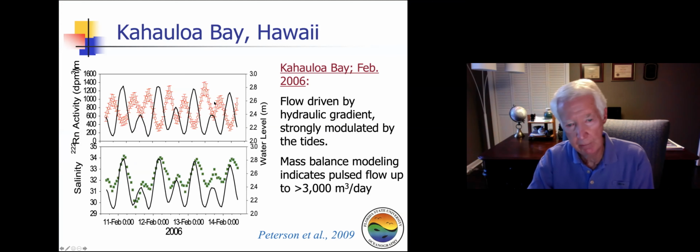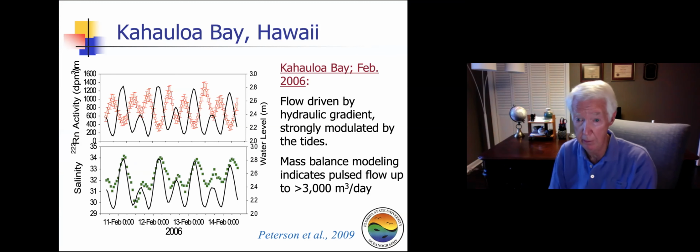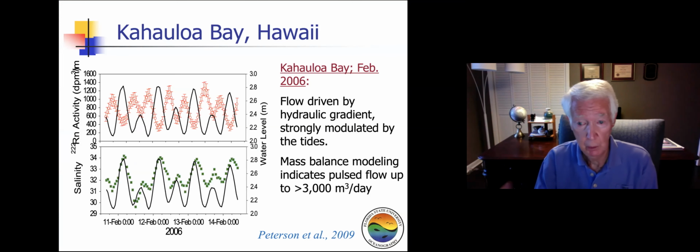So you see the same kind of pattern we see at the Marine Lab in Florida, but this is in Hawaii, where the flow is driven mainly by the hydraulic gradient, modulated by the tides. So some mass balance modeling by Rick Peterson showed that the flow into this Kahalua Bay was something like 3,000 cubic meters per day.